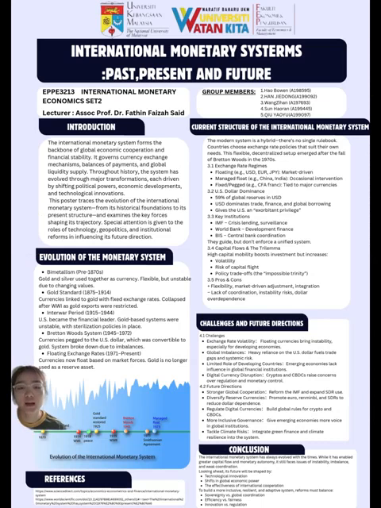Now let's discuss the evolution of the monetary system. The first one, we need to focus on bimetallism. In this early period, both gold and silver were used as currencies or as the backing for currencies. The next one is the gold standard system. It is from 1875 to 1914.